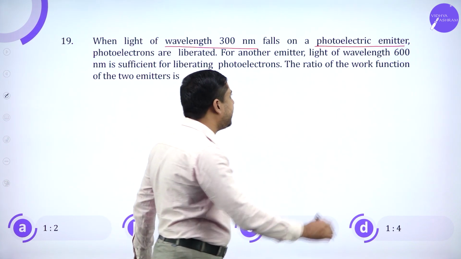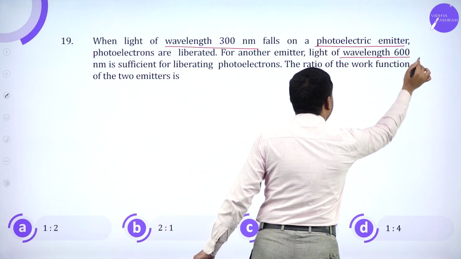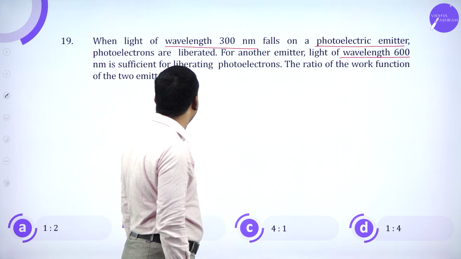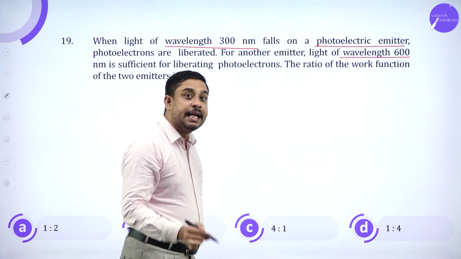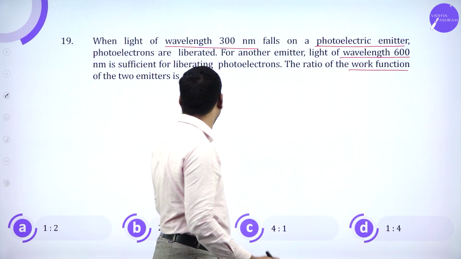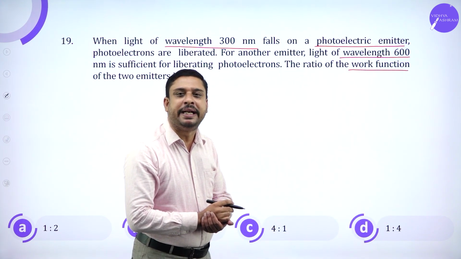For another emitter, wavelength 600 nanometer is sufficient. Then find the ratio of work function for the two emitters.